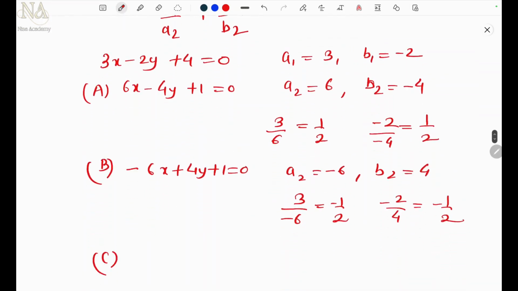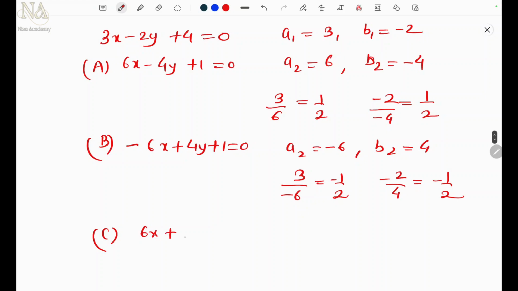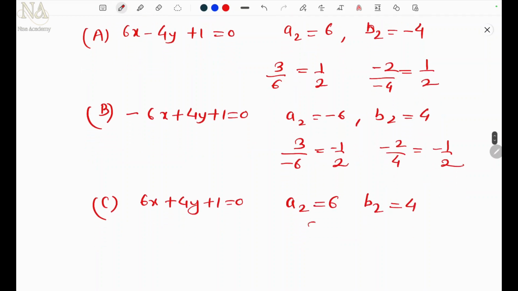Let's go for the third. 6x plus 4y plus 1 equal to 0. A2 is again 6, B2 is 4. So 3 by 6 is 1 by 2, and minus 2 by 4 is minus 1 by 2. In this case, A1 upon A2 is not equal to B1 upon B2.